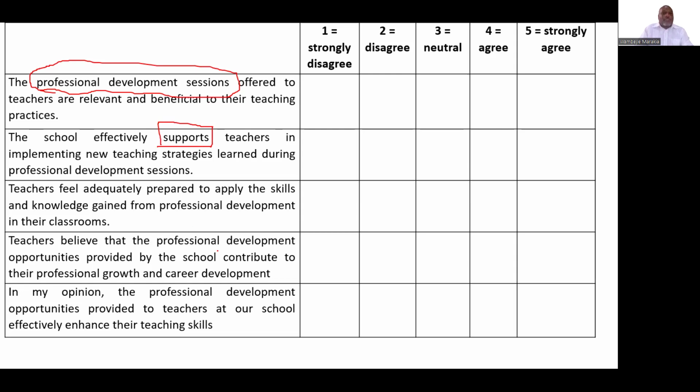So the application of knowledge acquired is also another variable. Then we have teachers believe that the professional development opportunities provided by the school contribute to their professional growth. So professional growth becomes our variable. Then lastly, in the opinion of the respondent, the professional development opportunity provided to teachers at the school effectively enhances their skills. So enhancement of skills becomes another variable.